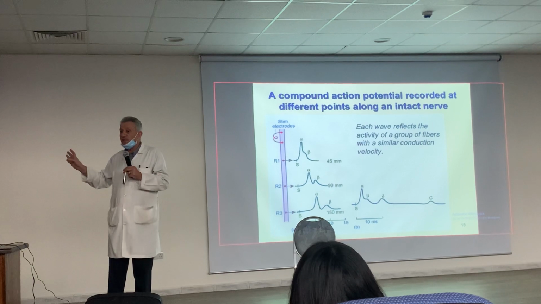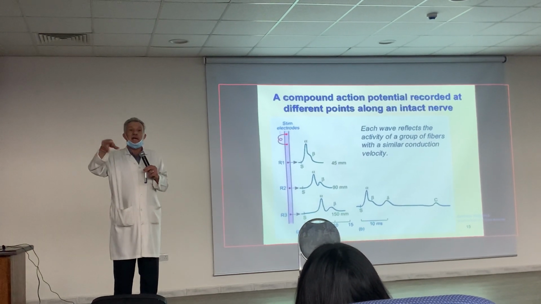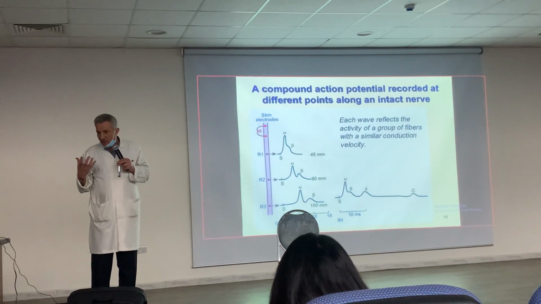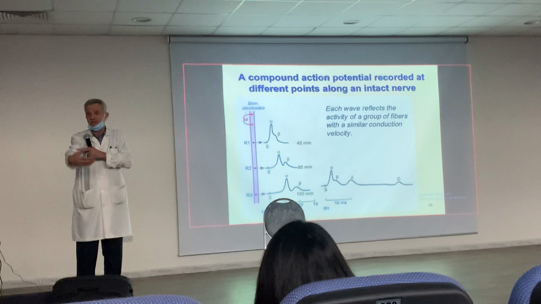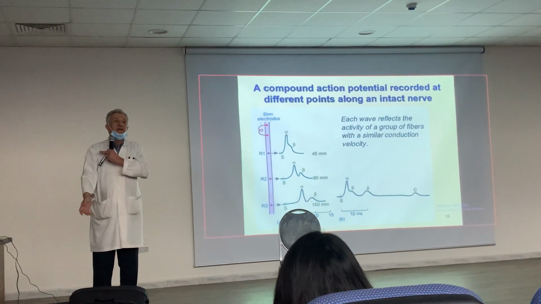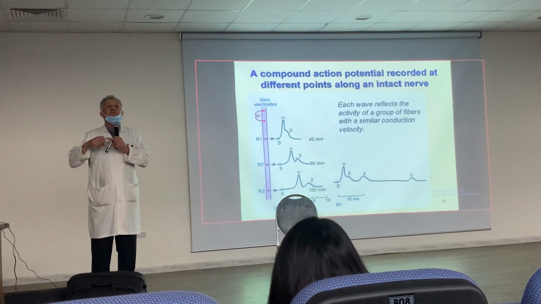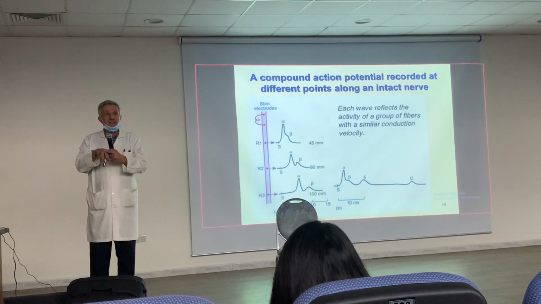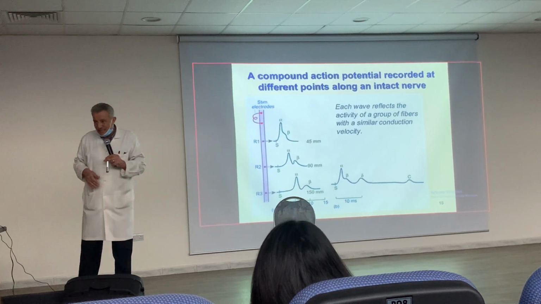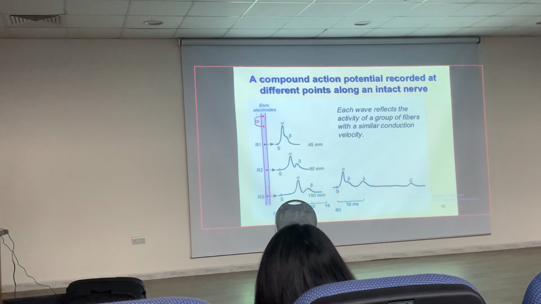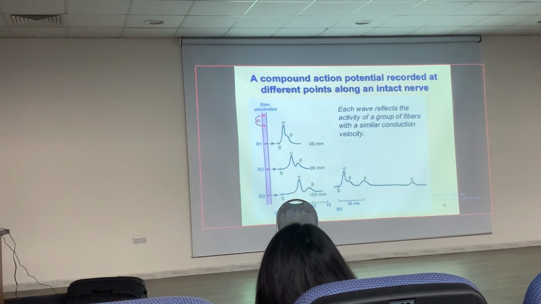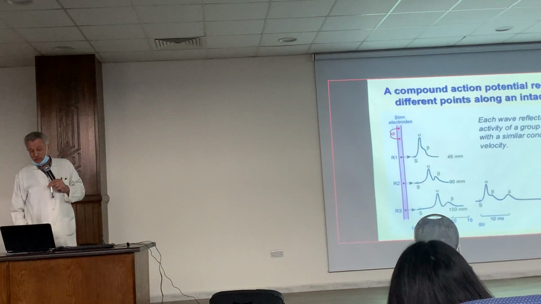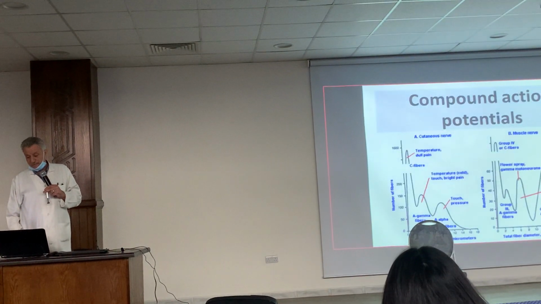It is useful clinically to know how well a group of nerve fibers, for example those innervating the hand, is functioning. You place stimulators somewhere to stimulate all nerve fibers and place electrodes at different distances to record these waves for the activity of all the nerve fibers composing that nerve.